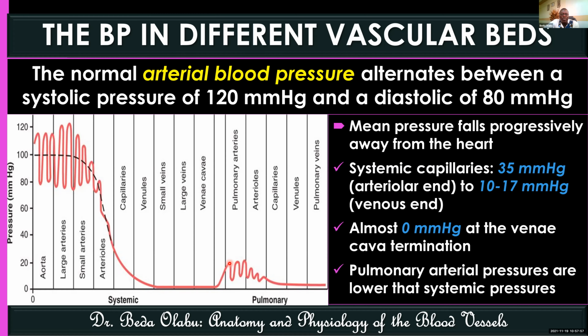Maybe what I want to capture is that the pressures in the pulmonary circulation are normally much lower than the pressures in the systemic circulation. You need to capture that one. And that is why the left heart chambers have higher pressures than the right heart chambers postnatally. Great.